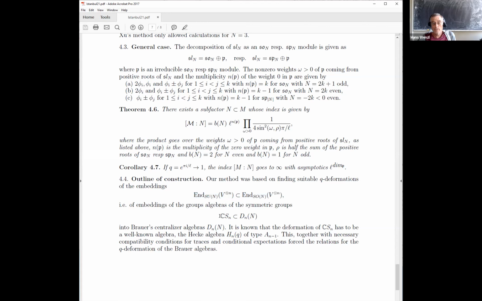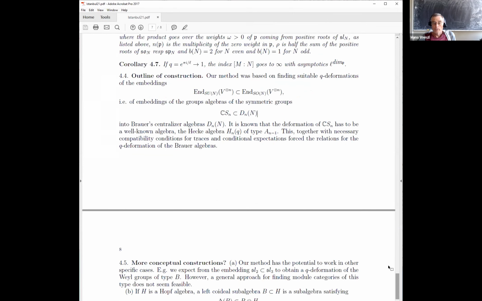And one can describe this explicitly by the Schur-Weyl theorem. The endomorphisms are given by the symmetric group, and the endomorphisms here are given by something called the Brauer algebra, which is known. Then the first thing is that the deformation of C[S_N] has to be a well-known algebra called the Hecke algebra of type A_{N-1}, which has been well studied.